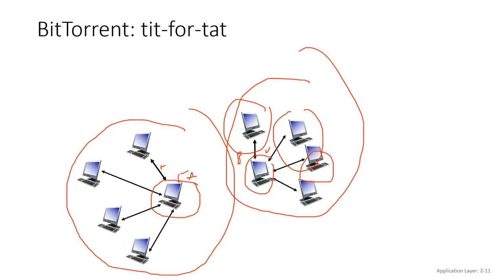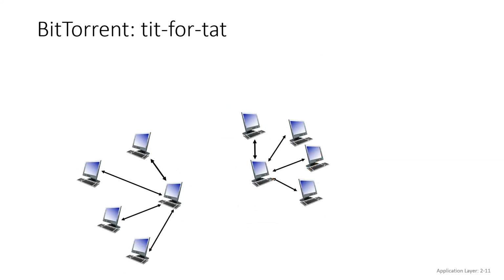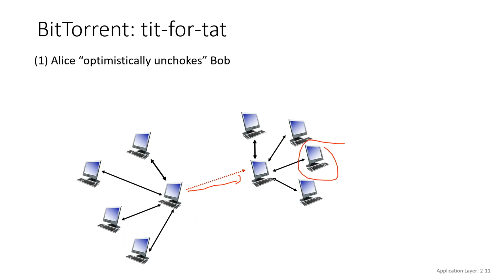So what happens? Let me clear all of those. Alice then basically unchokes Bob. It means that this computer can now get the next set of chunks that it was missing from Alice's group.